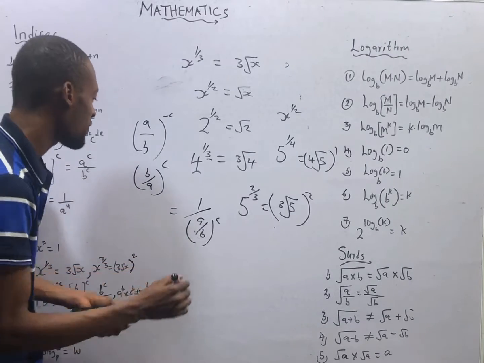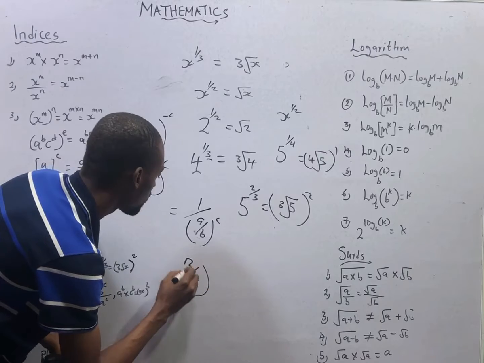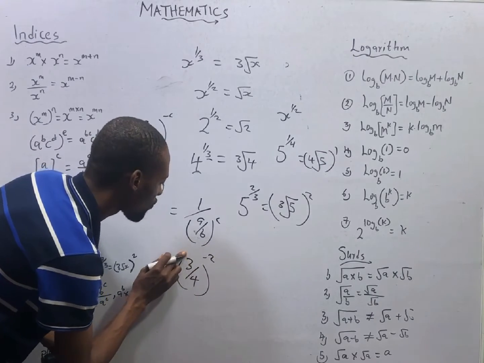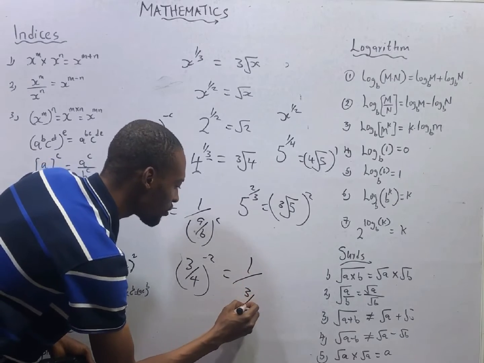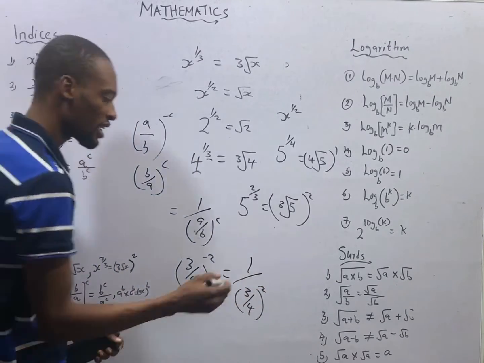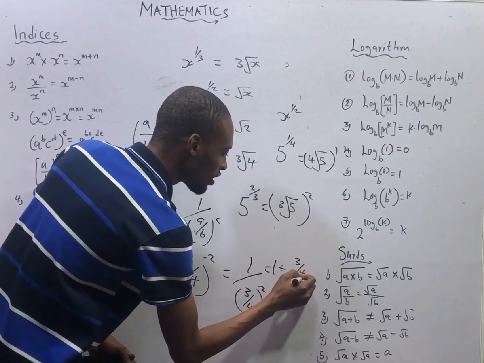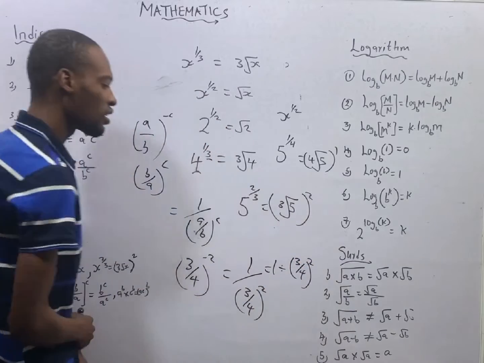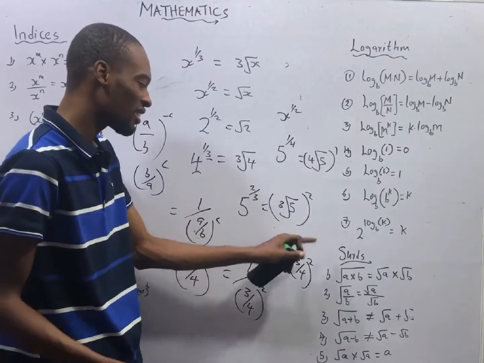In practice, if you have 3 over 4 raised to the power of minus 2, this is the same thing as 1 over 3 over 4 squared. When you are changing division to multiplication, you invert what is on the other side.